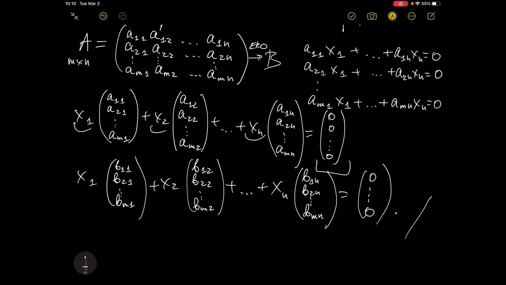If my columns were linearly independent, so the only relation was the trivial one, then here also the only relation will be the trivial one. Or vice versa, if I could express one column through others using some linear combination, then exactly the same relation will stay. Is it clear or not?